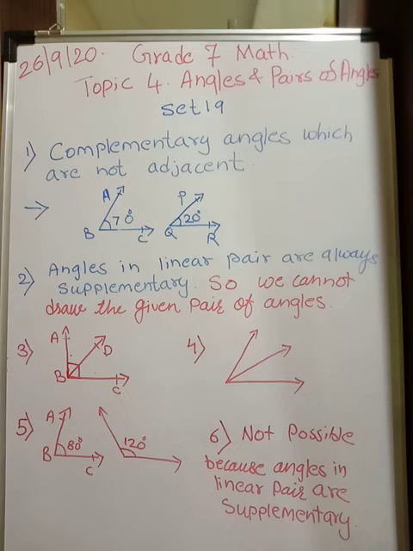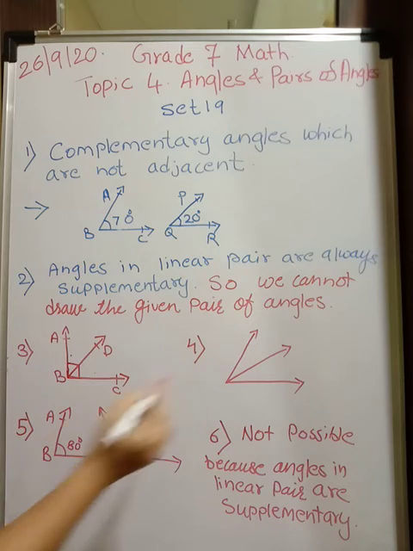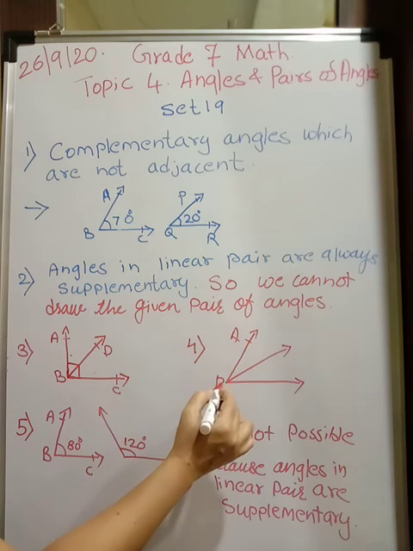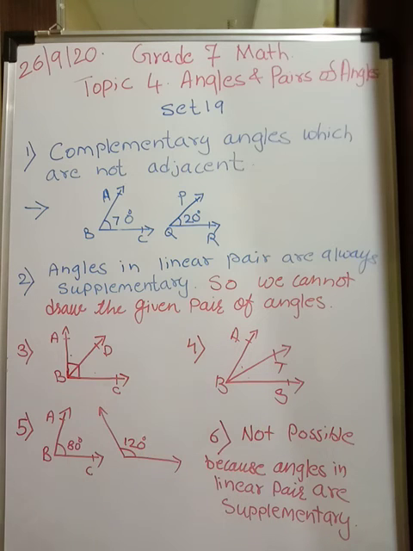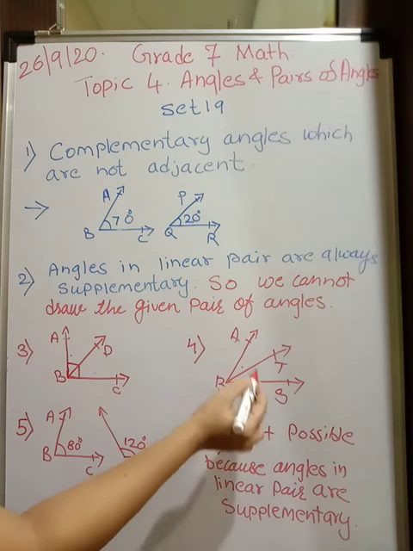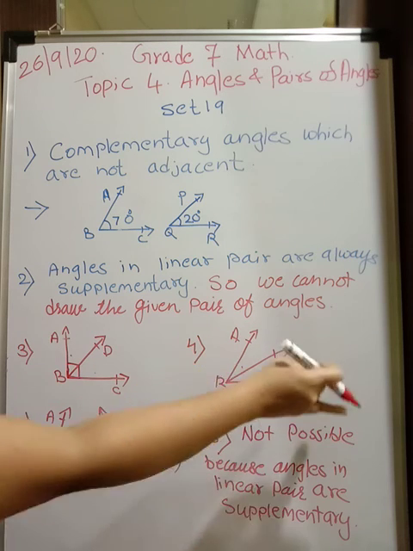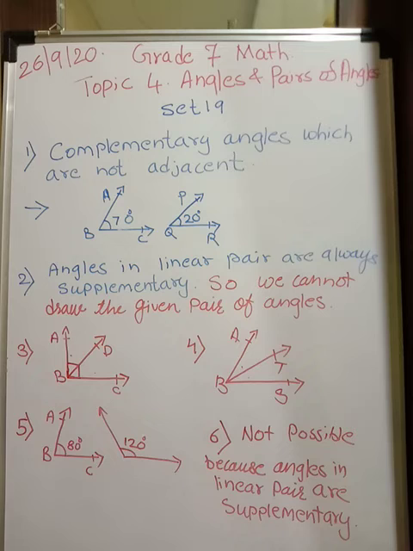Now fourth, adjacent angles which are not in a linear pair. So name it A, B, say S and T. These two are adjacent angles, but they are not in linear pair. Why? Because their sum is not 180, and their opposite arms do not form a straight line.